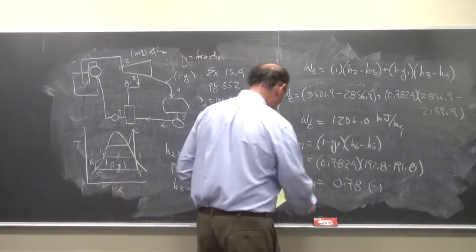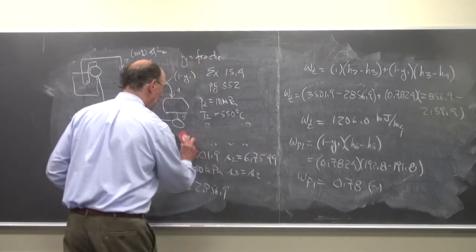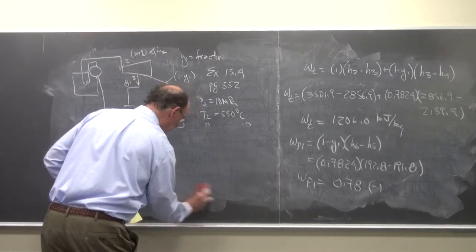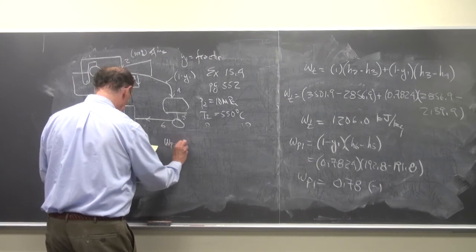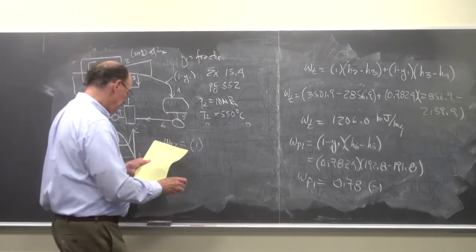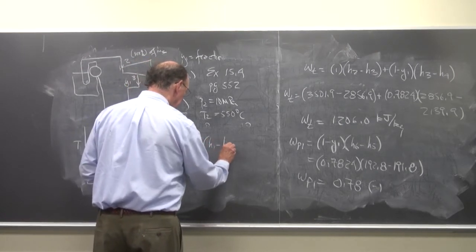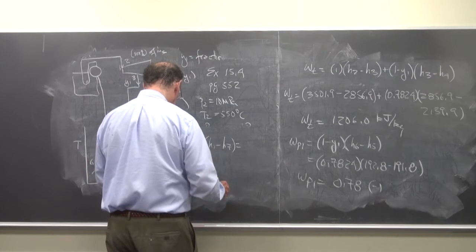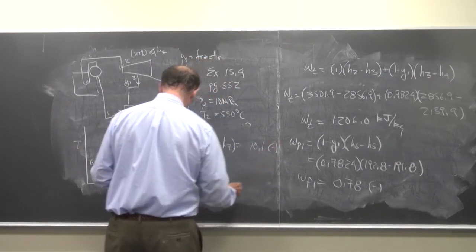And then WP2 is equal to 100%, so all the fluid goes there, times H1 minus H7. And so that's equal to 10.1. Again, it's a minus.